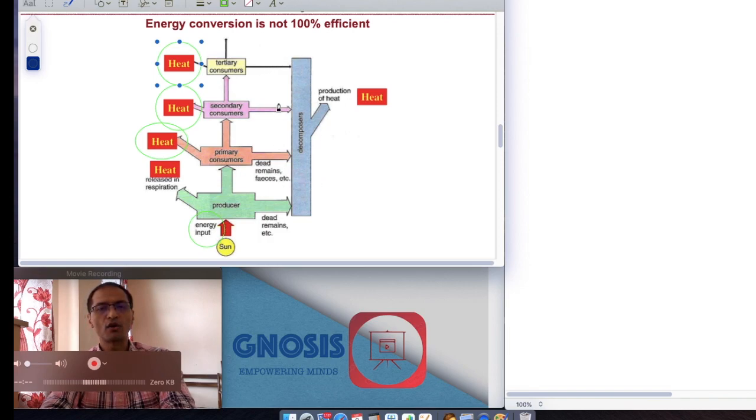All of them undergo decomposition, and when they undergo decomposition, you again have energy which is lost in the form of heat. So when you look at this diagram, it allows us to understand and appreciate the fact that energy transformations are not 100% efficient in biological systems. All right.